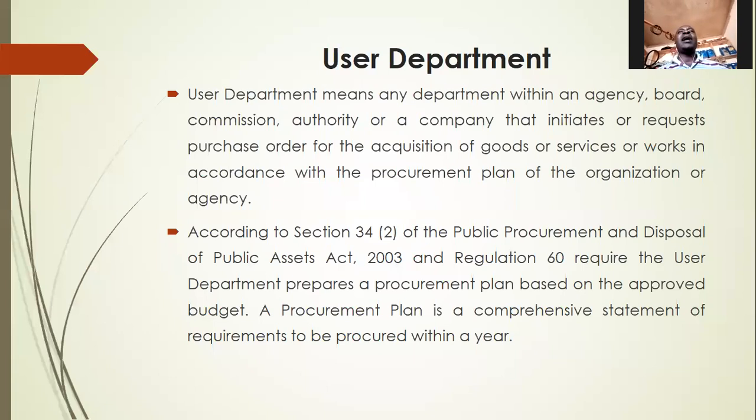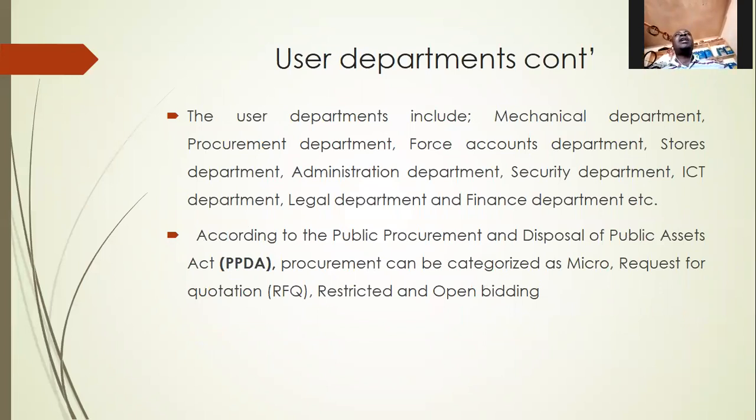Here, I have to go ahead and talk about the procurement plan, which is a comprehensive statement of requirements to be procured within a year. I should talk about examples of user departments, which include mechanical, procurement, force account, stores, administration, security, IT, legal, and finance departments.